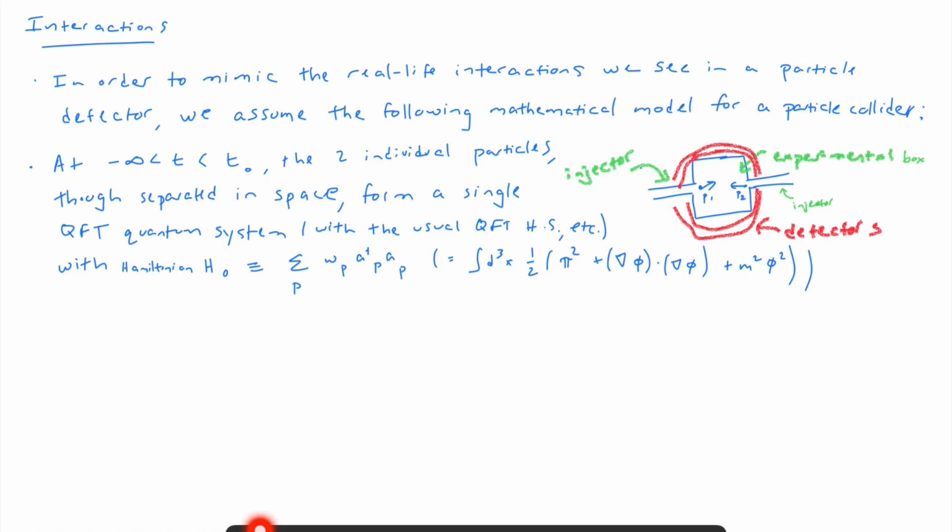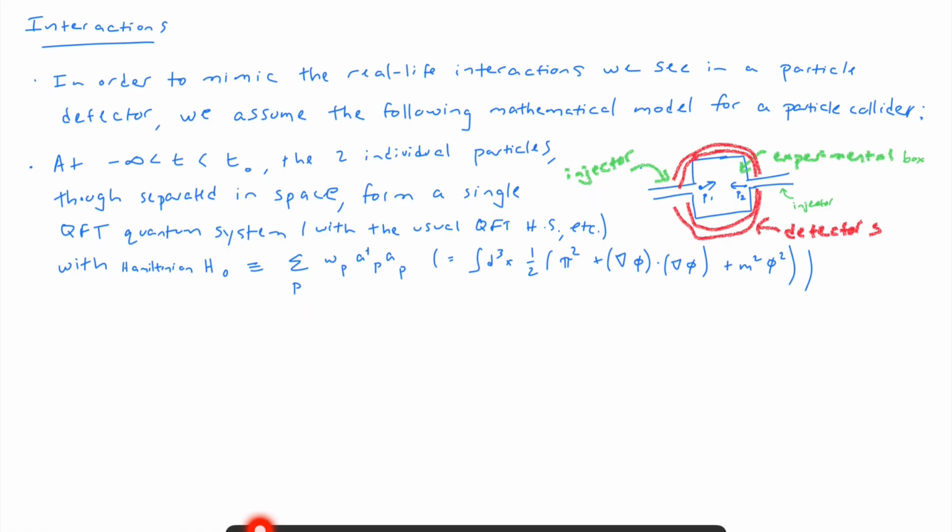At that time, before these are physically introduced into the experimental collision chamber, we just assume that H0 is what we know so far, the standard one without interactions, which you can express either way. But let's express it here as A dagger P, A P times omega P.